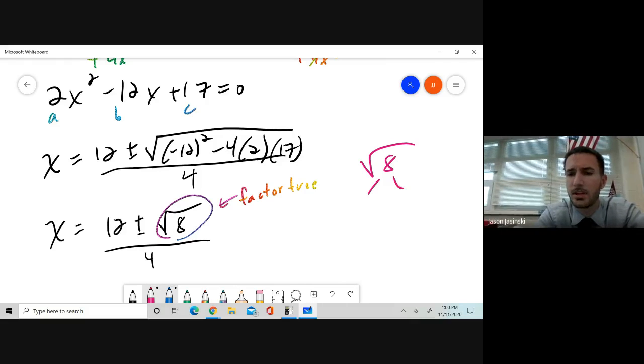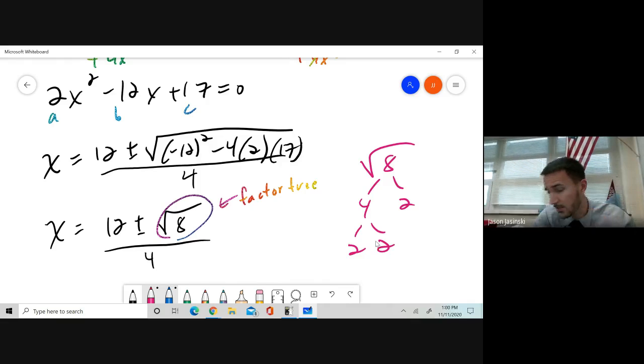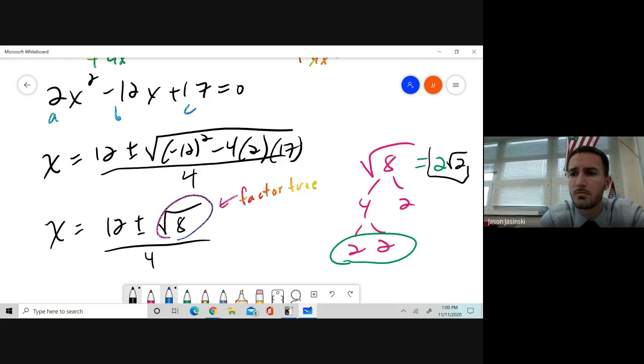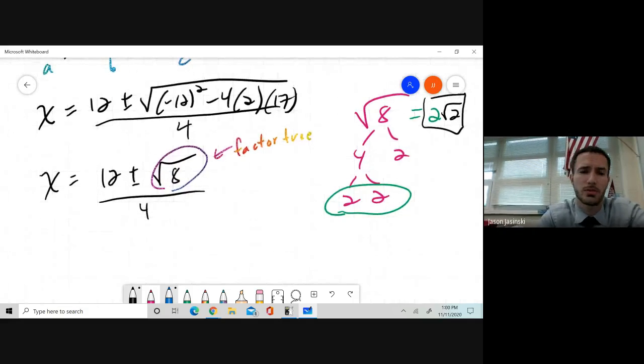So square root of 8 breaks down to 4 and 2. You have a pair of 2's, so these are two friends. So circle that. And then the leftover or lonely friend stays inside the radical. So your answer would be 2 radical 2. All right. So we replace square root of 8 with 2 radical 2.